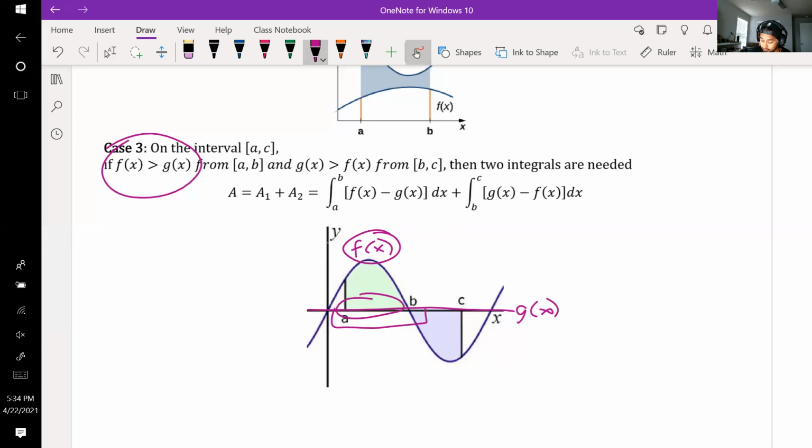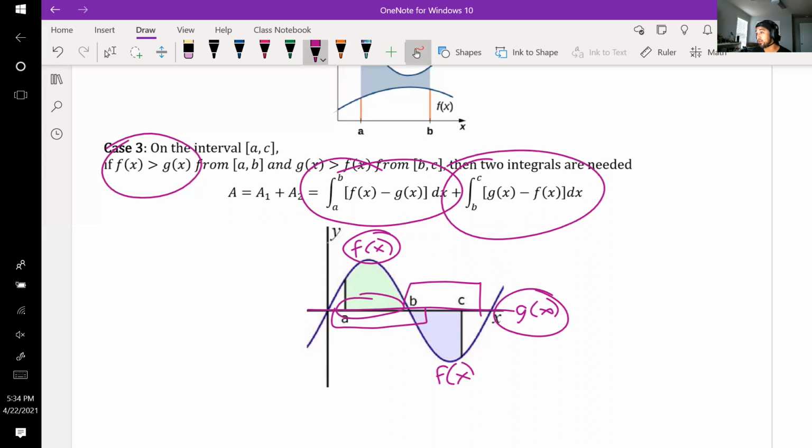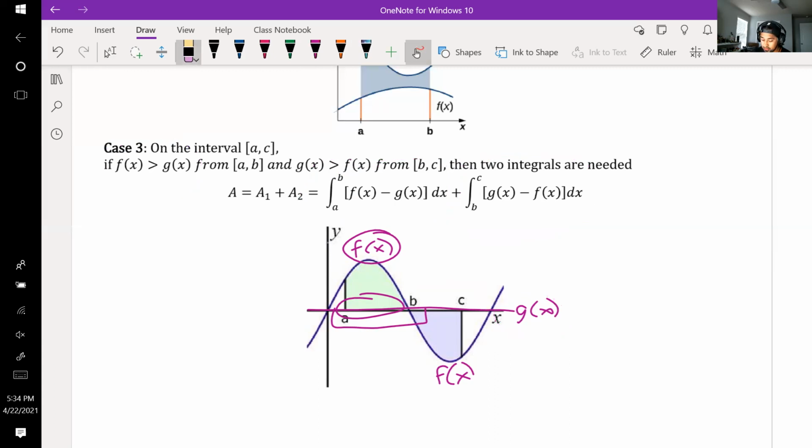And then from b to c, we see that g of x is above f of x. If this happens, then this is a case three, where the integral to find the area is going to be the integral from a to b of f of x minus g of x, plus the integral from b to c of g of x minus f of x. So we will explore all three cases today. We'll put these definitions to use.